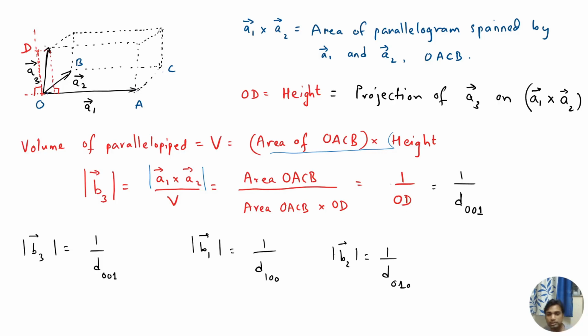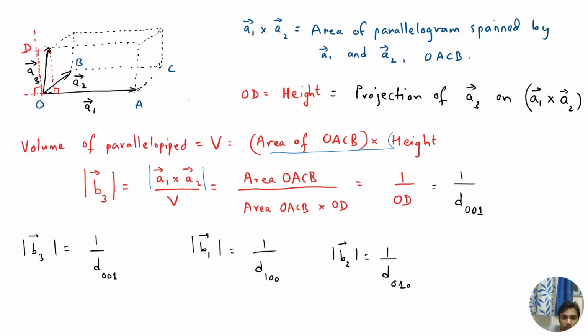Now what is this 1 by OD? OD is a distance, and we will denote this distance as 1 by D001. 001 means this is 1 unit. So D001 denotes the distance between the plane OACB and the next plane just on top of it.